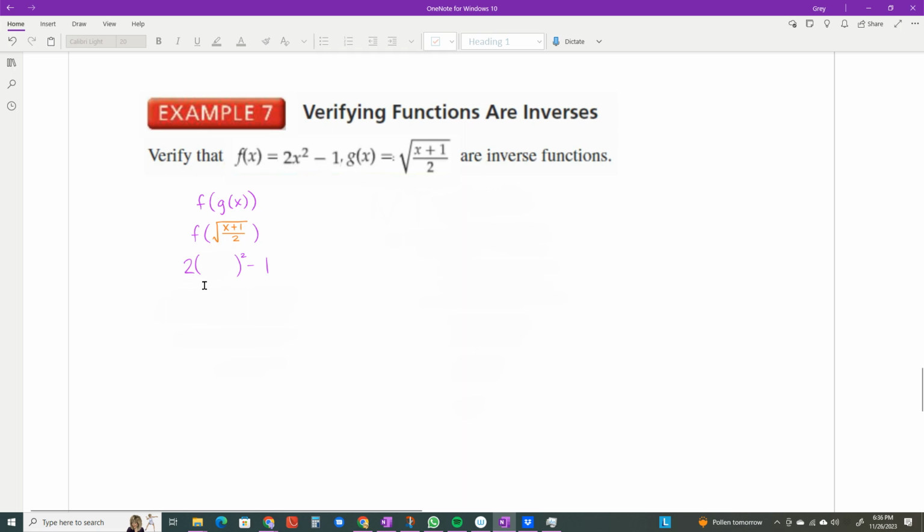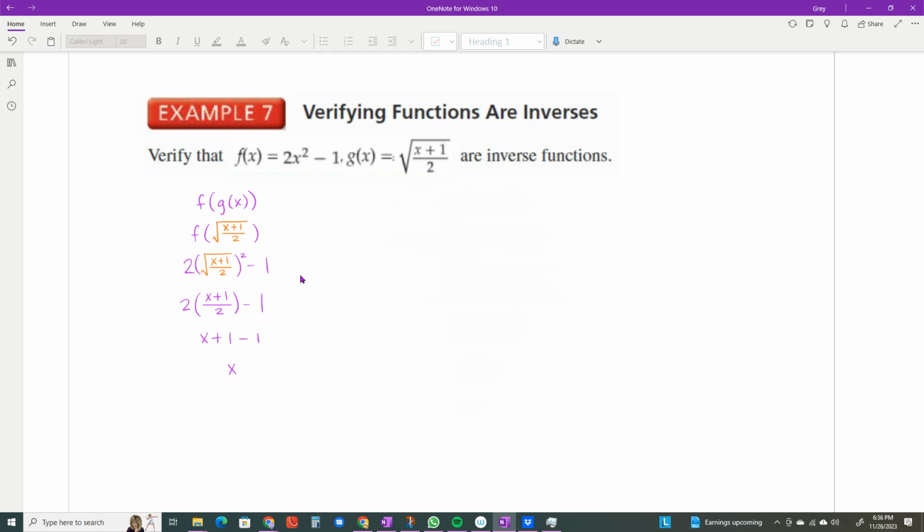So whenever you're doing this step, wherever you have a variable, you put the parentheses. What goes in the parentheses is my square root of x plus 1 over 2. Again, when you square it, what do you get? So my next step is that, because squaring it removes the radical. Then my 2's cancel out, so I have x plus 1 minus 1, which leaves me with x.